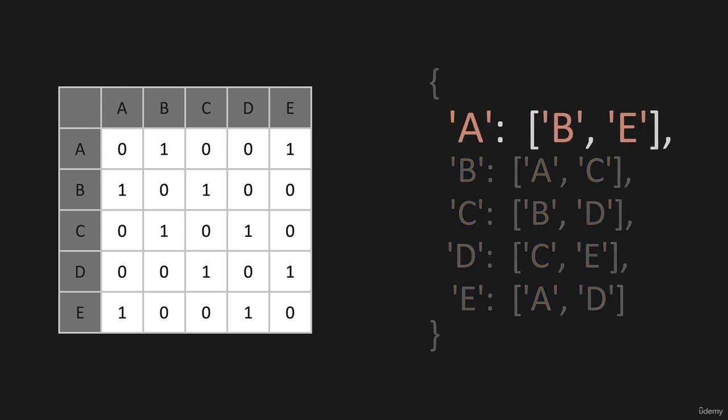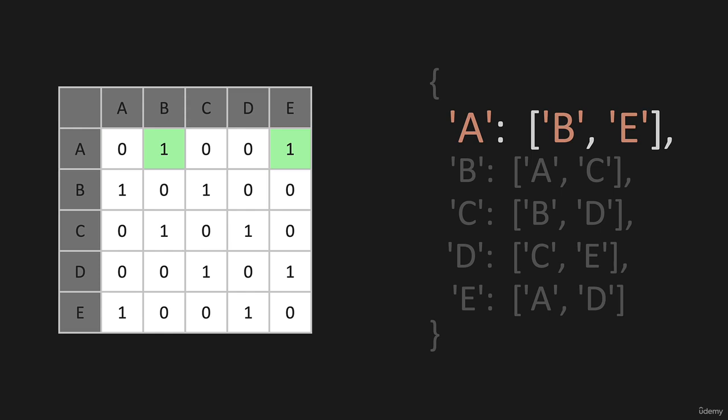So with an adjacency list, we represent the vertex A like this, and then the edges it has with B and E. So we represent those in the adjacency matrix with those items I just highlighted in green.